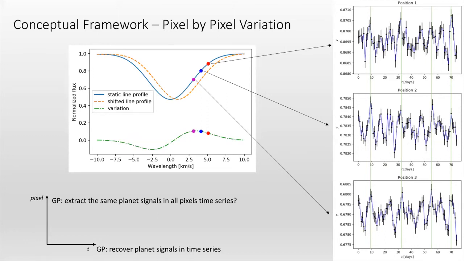But what if we combine all these time series together to recover our planetary signal? The advantage, I think, is that using radial velocity, we have only 1 time series. But if we look at the pixel by pixel variation, then we have dozens of time series. So that would probably enhance the chance of recovering the planetary signal.